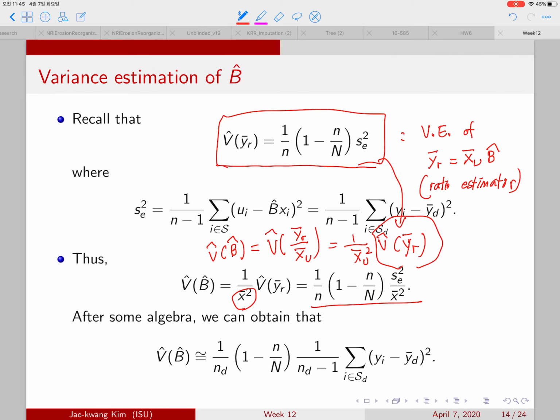It turns out that this formula can be simplified to something like this.